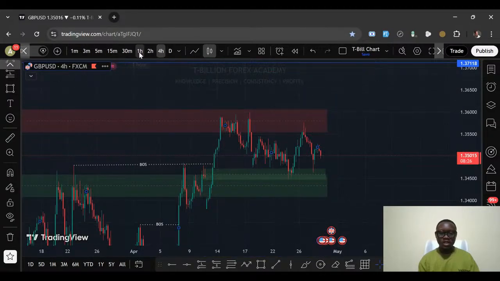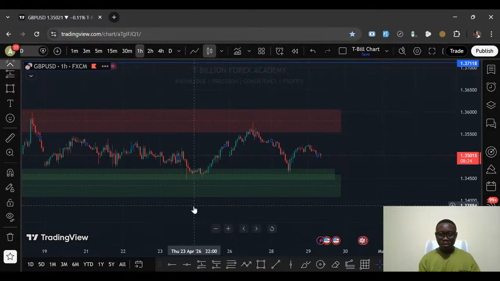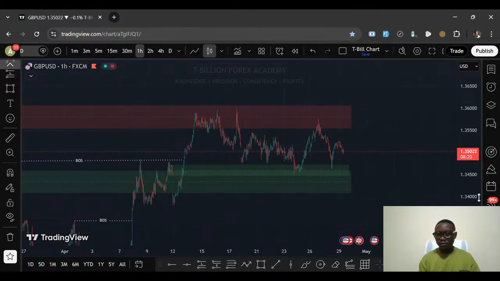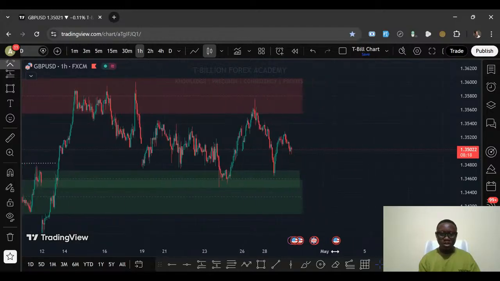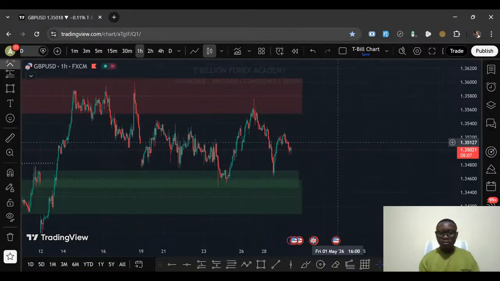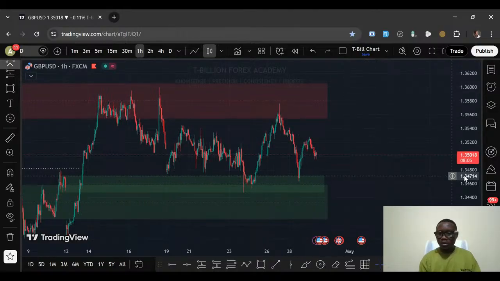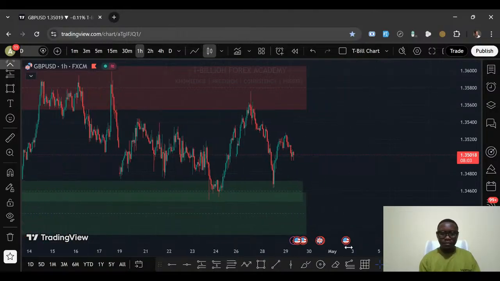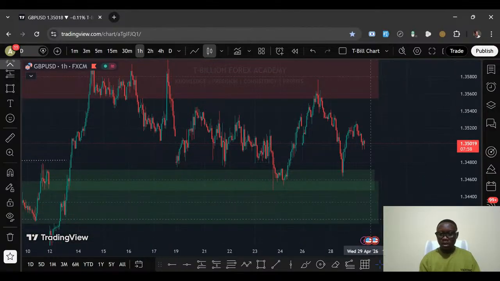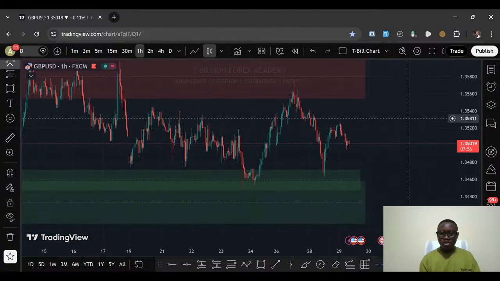Okay, so on the 1H time frame, remember we are bullish on GBPUSD. So we are more interested in the buy opportunity.